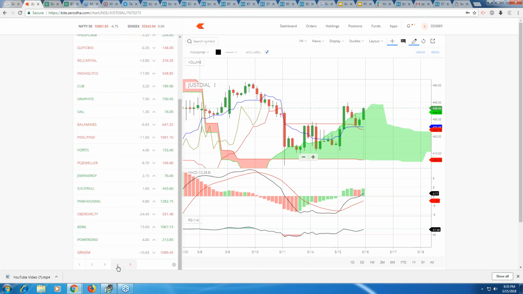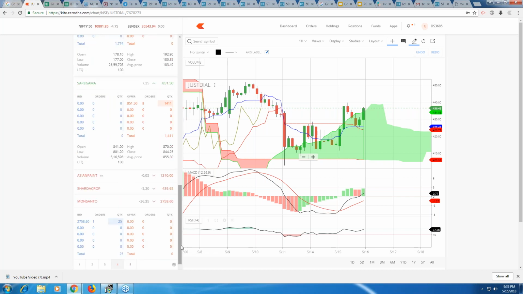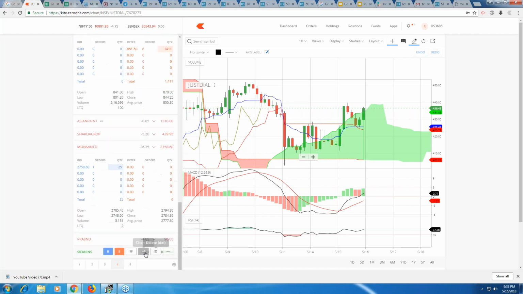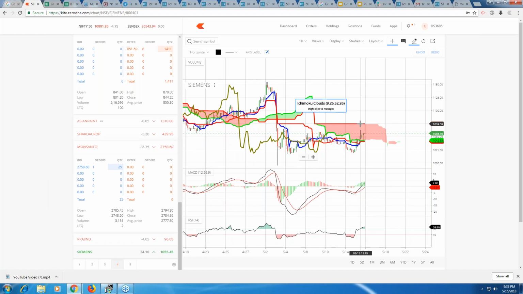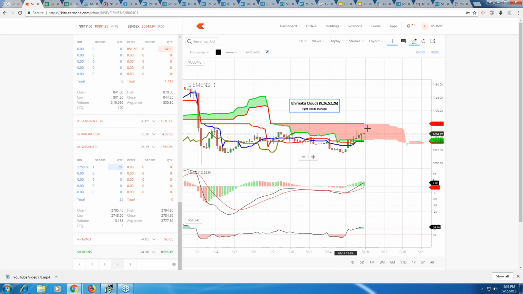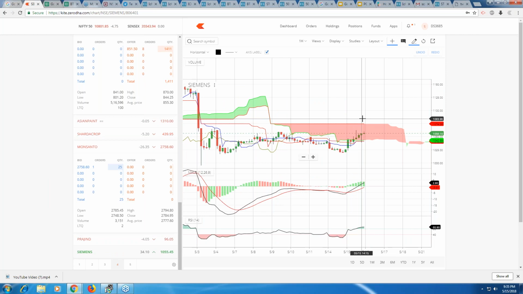I added the stock. Where is it? Here. So Siemens in 1 hour has yet to cross the cloud. Until it crosses the cloud, we don't have a buy in this, right?